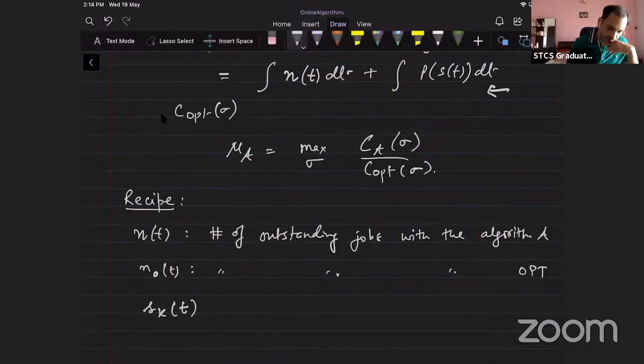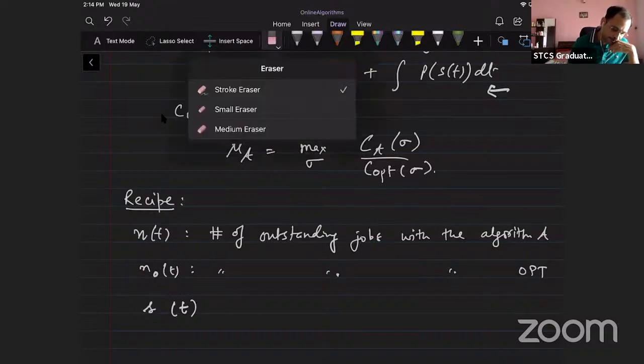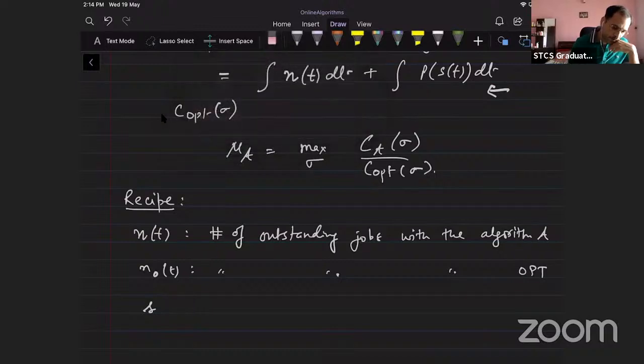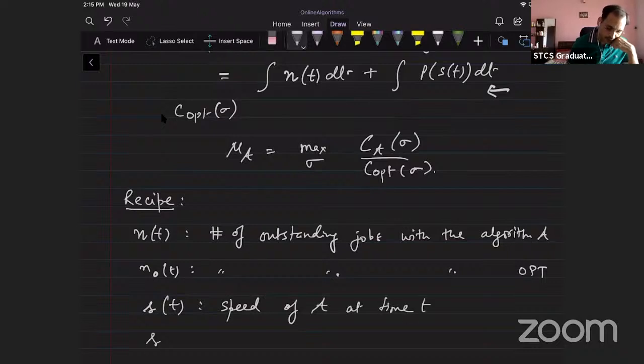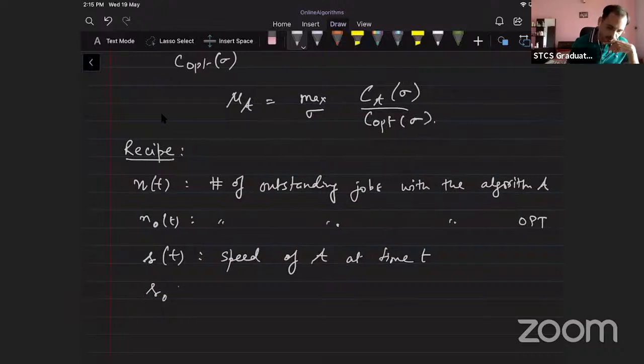For the moment we have a single server, so that doesn't matter. s of t is the speed of A at time t, and s0 of t is the speed of OPT.